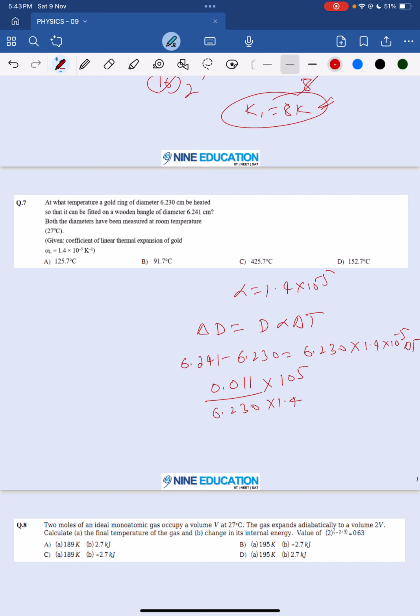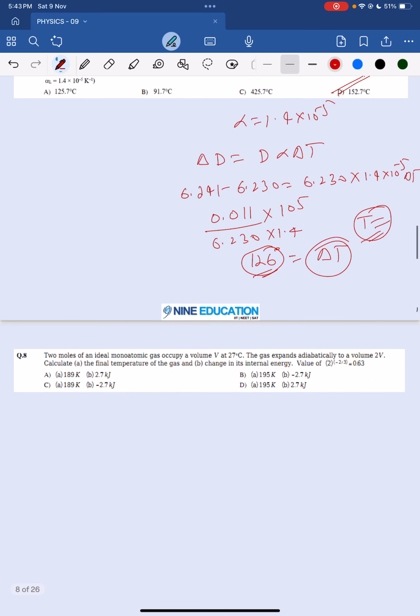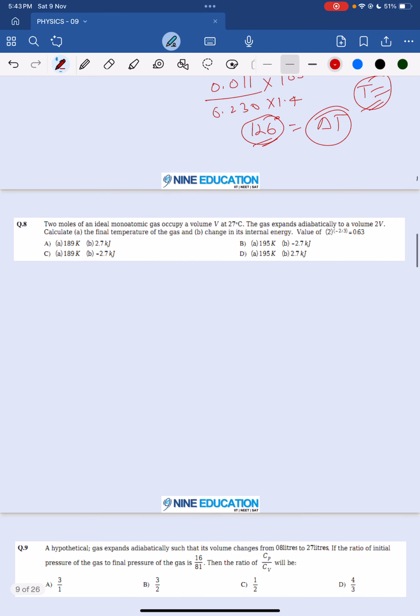So it is coming around 126 degrees Celsius. So delta T is 126 degrees Celsius. So what would be the temperature at which we need to heat it? It will be 126 plus 27 degrees Celsius, because this was the initial. So we are going to have somewhere around 153. The closest option is our 152.7.